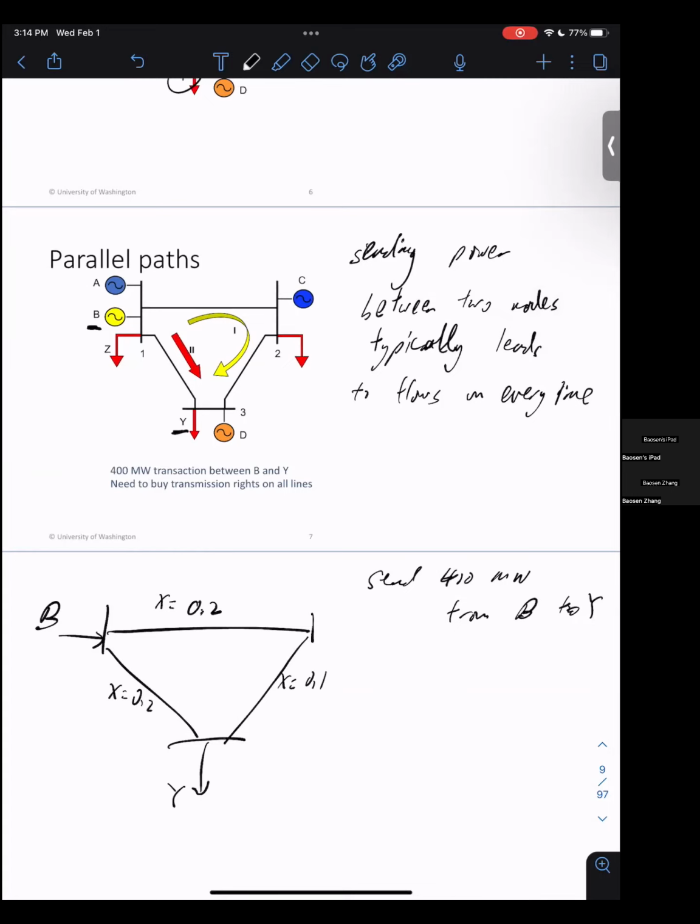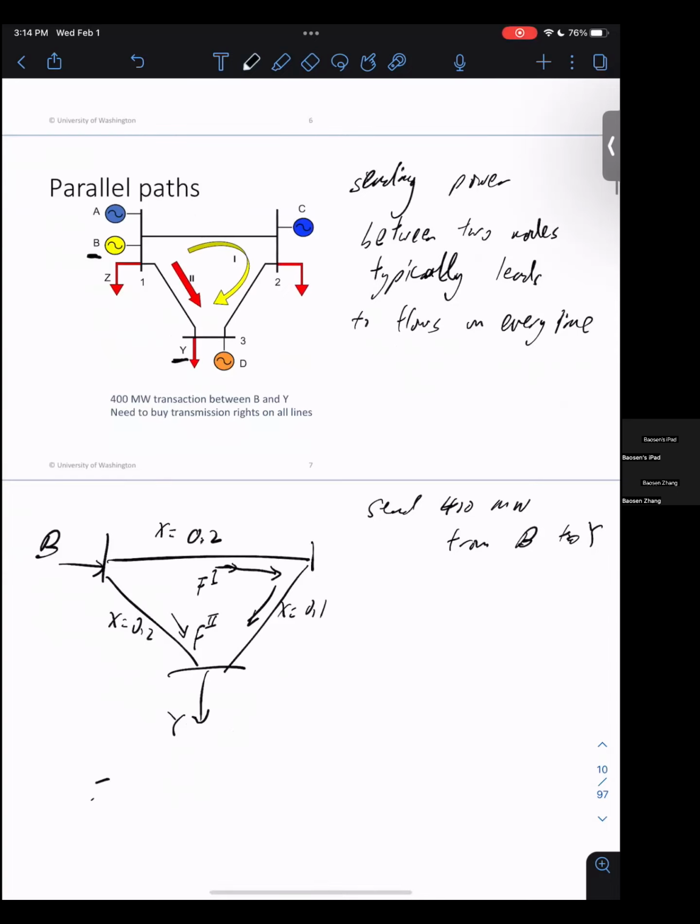Let's say this is F1. It goes this way, comes down this way, and let's say this is F2. Consistent with the book, F1, F2. So I want to compute what F1 and F2 are, that is, how much power goes along different paths. Any questions?